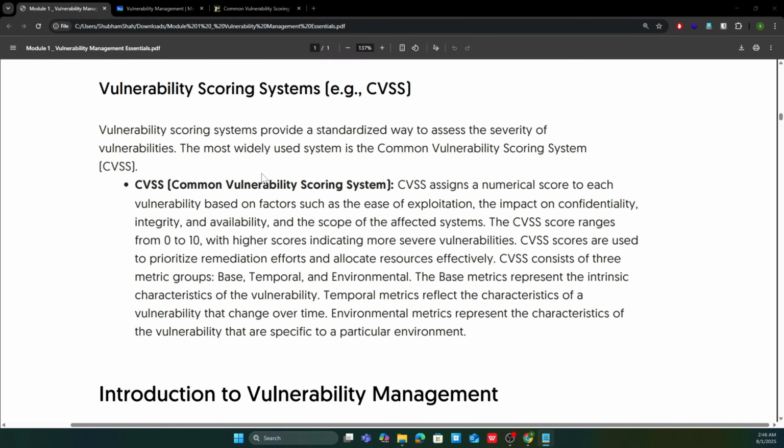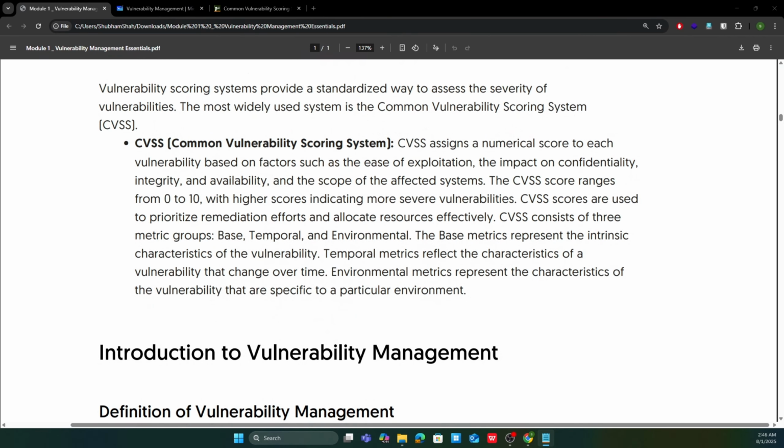CVSS assigns a numerical score to each vulnerability. Whatever vulnerability you open, you are going to get a number from 0 to 10. This is how we prioritize the vulnerabilities. CVSS scores are used to prioritize remediation efforts and allocate resources effectively.